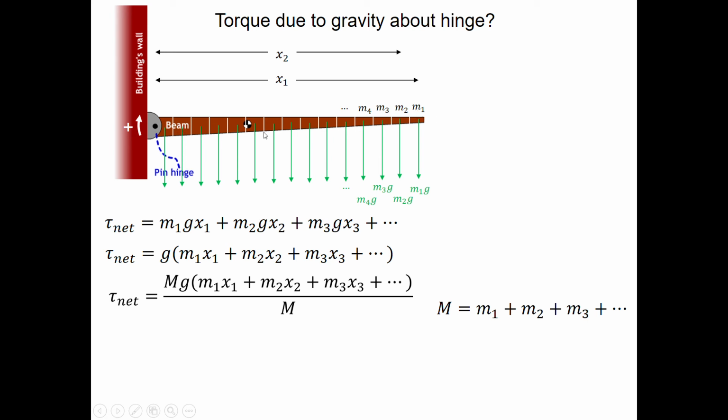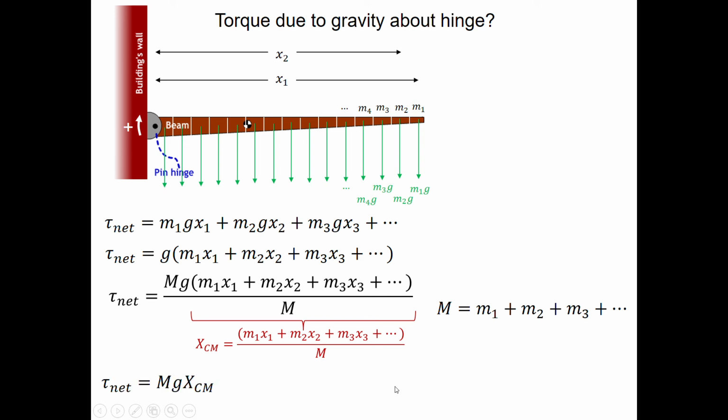In other words, it's the sum of all those little masses, or just the total mass of the thing that's rotating. So that's what capital M means. And then we're going to make a definition. Everything except the capital M times g that's out in front, everything that's in parentheses divided by capital M, we're going to define that to be the x-coordinate of the center of mass, and I'm assuming here the x-axis is horizontal when I say that.